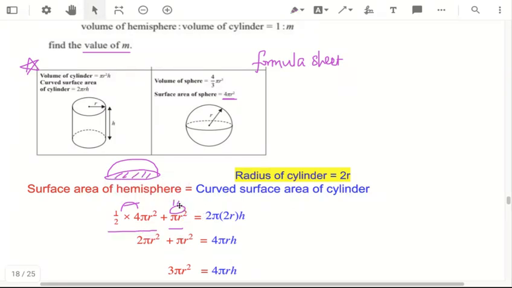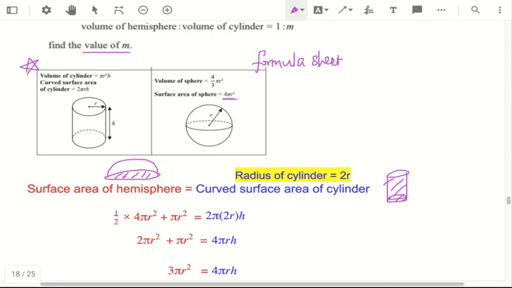Then the next part is this curved surface area of the cylinder, right? So the curved surface area of the cylinder is essentially this part only. Okay, I don't want the top or the bottom bit.